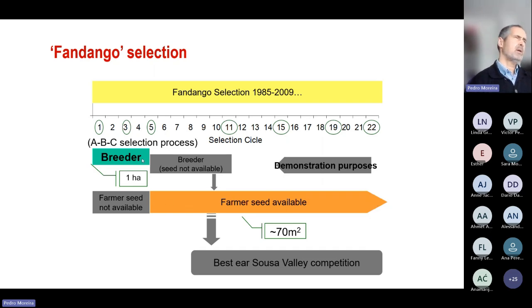There were some differences, because for the breeder we were talking about almost 1 hectare for the selection, and for the farmer it was more scarce. We are talking about 70 square meters. And this was very linked with competition that I have already mentioned in the previous presentations, that is the best ear Sousa Valley competition.